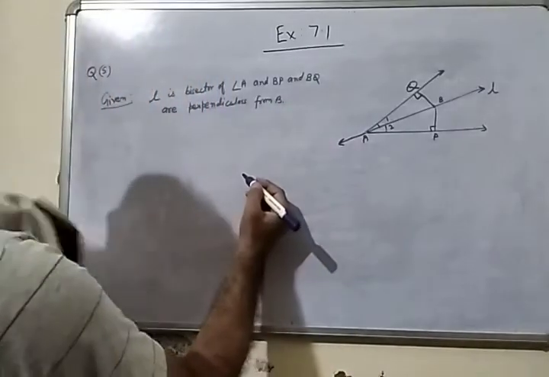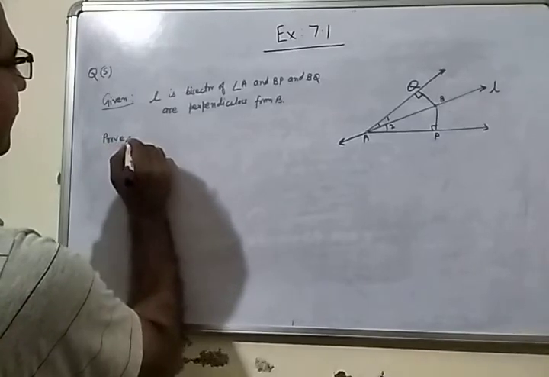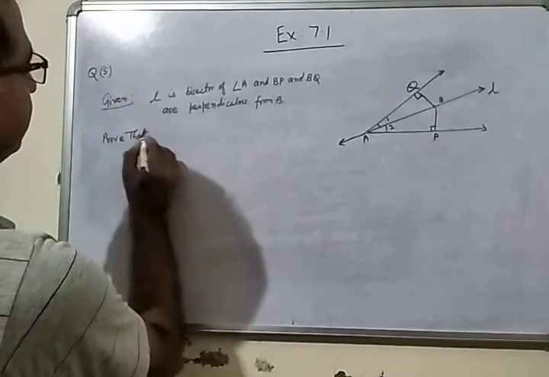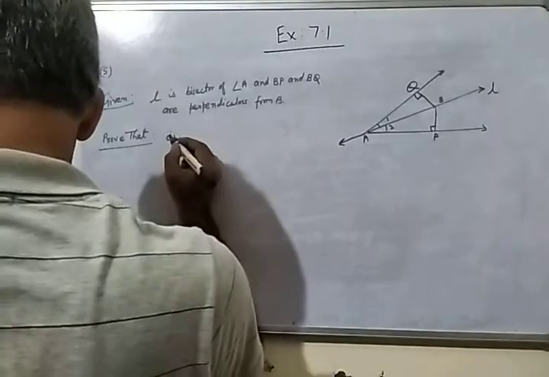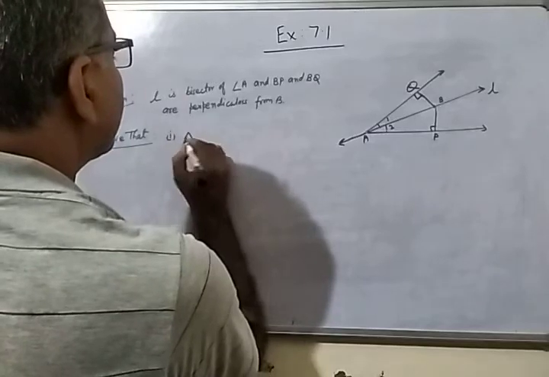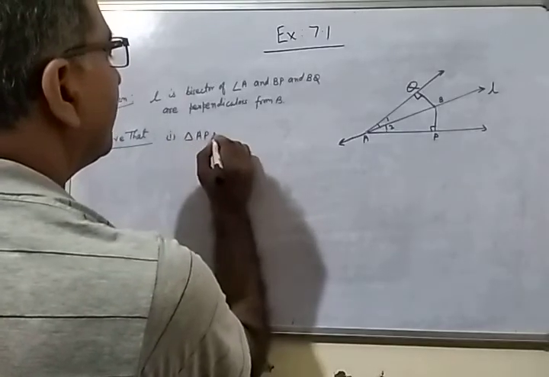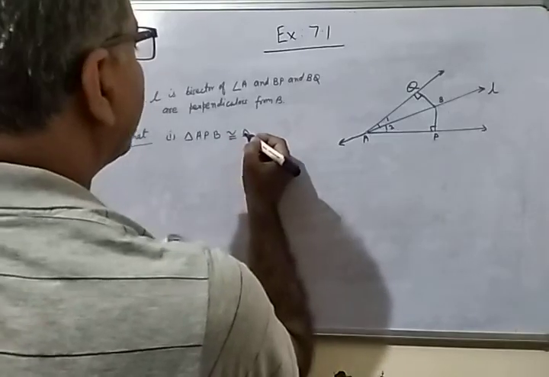Next, to prove. First part: triangle APB is congruent to triangle AQB.